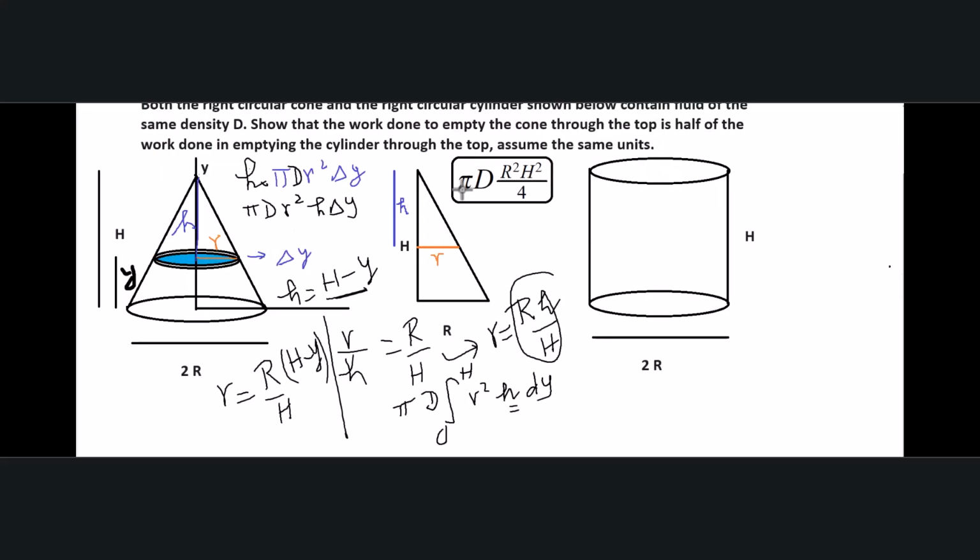Okay, so here we got work done for the cone, and for the cylinder, it's going to be a much simpler process. Let's take this as the y-axis going through the center. So we have, as I said, an easier situation here. That is, we have this radius as already r.